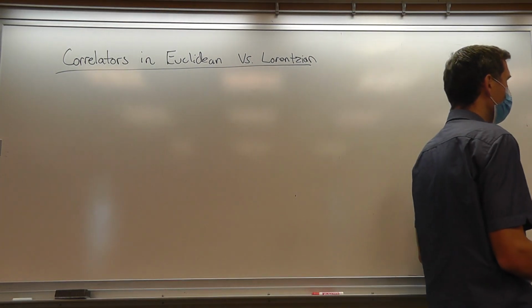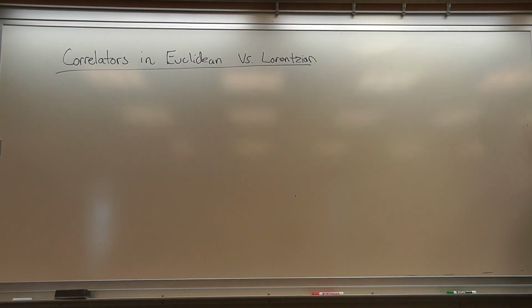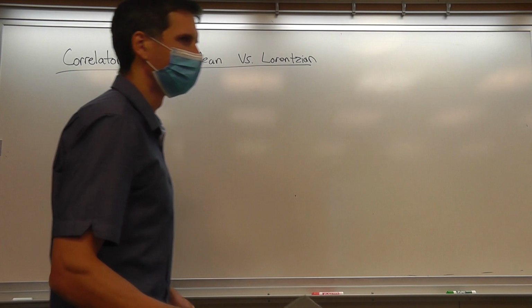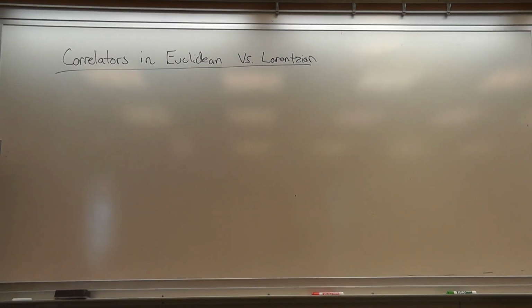But the answer is that in Euclidean signature, you don't. In Euclidean signature, everything commutes, and you don't specify operator orderings. There's only one. Only when you go to Lorentzian signature do you have to specify operator orderings, and that's what we're now going to talk about.